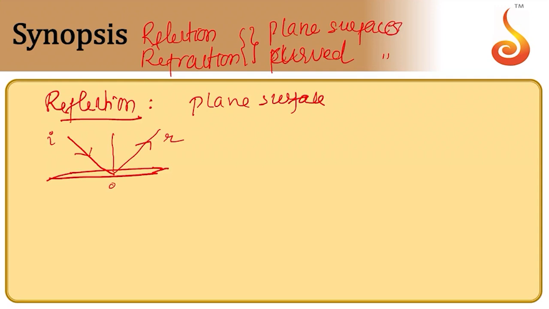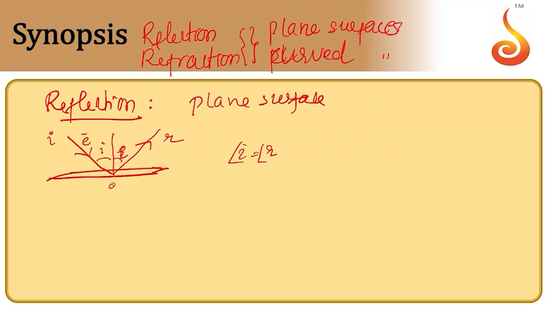And according to laws of reflection, the angle of incidence and angle of reflection are equal to each other. So I is equal to R. Many times this is written in the vector form like this.